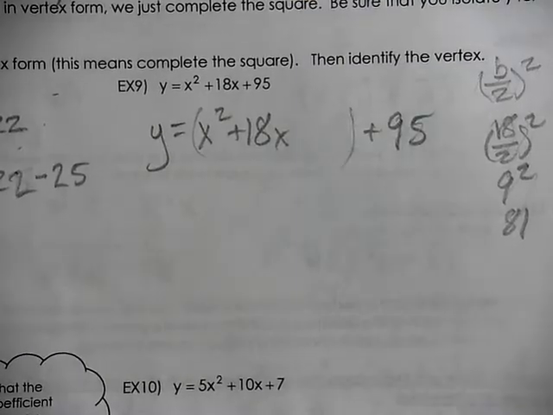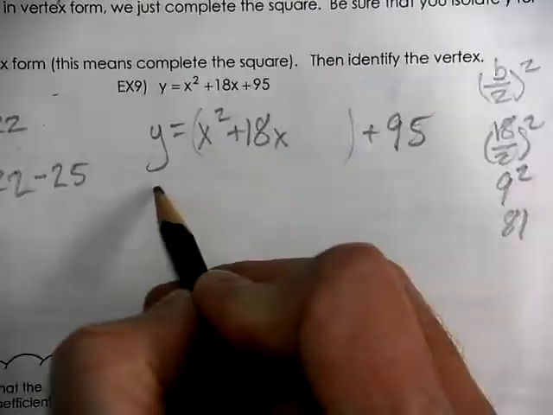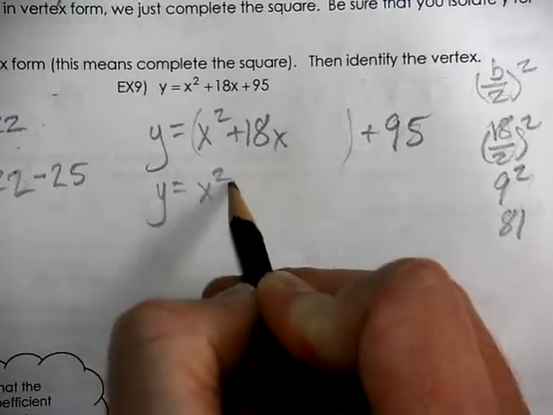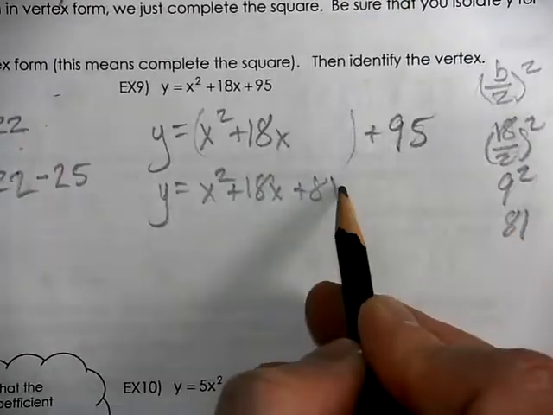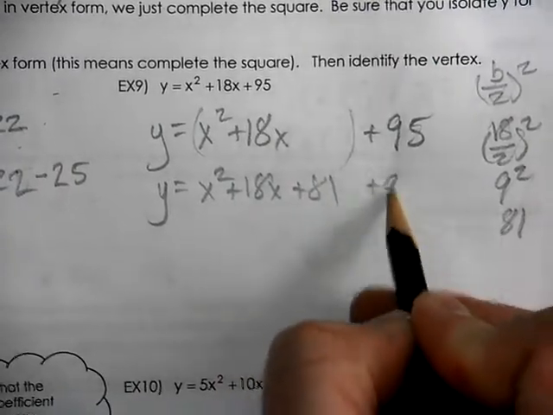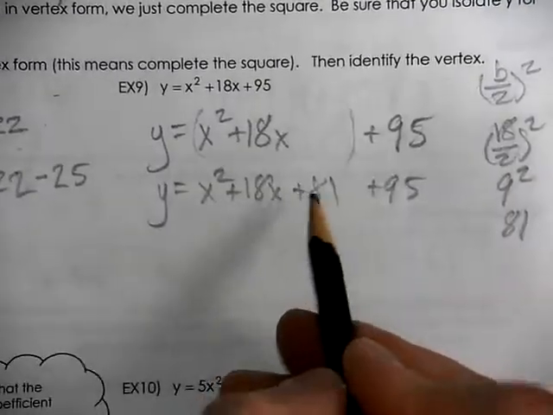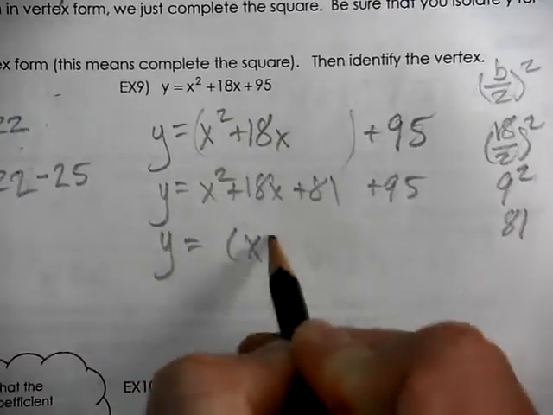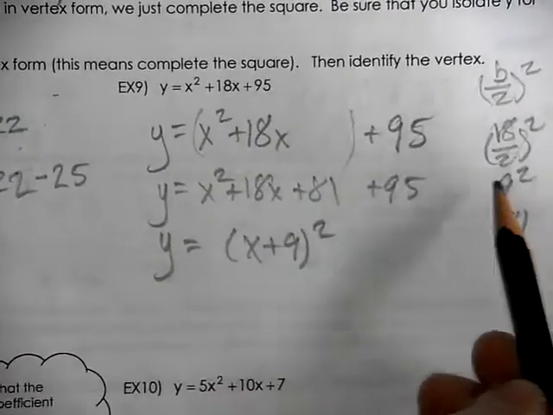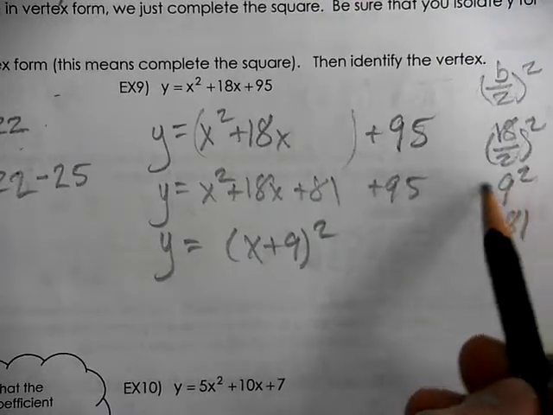Wait, so it's 81, right? So our 81, I have the 95 off to the side. The reason why 81 was important was so we could write this binomial squared, which is always going to be the value in your calculation.